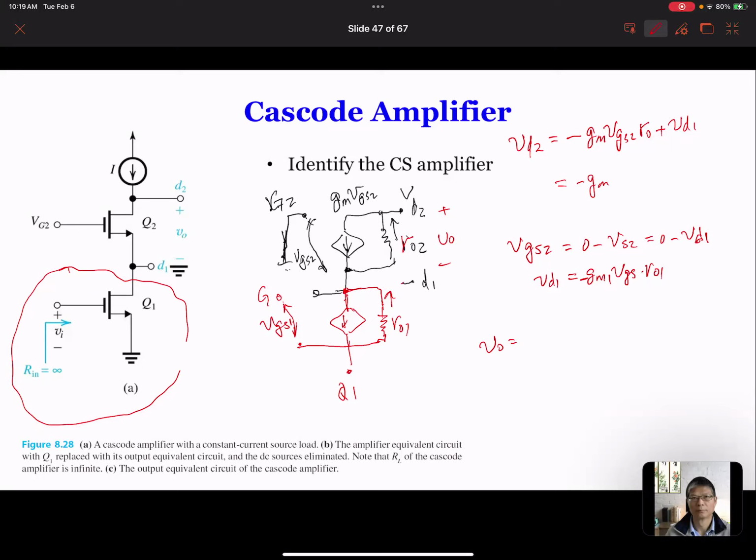And gm times ro2 here. And we plug in VGS2, which is minus VD1, so positive gm1 ro1, and then times VGS1.